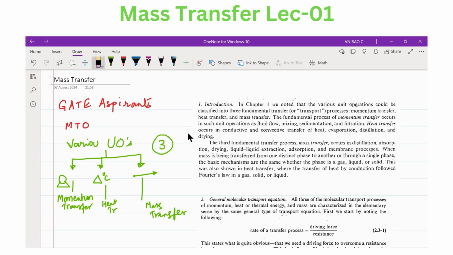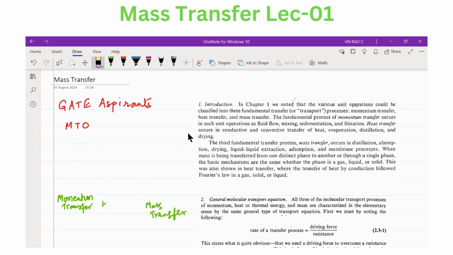I am not moving ahead from this particular page, but I am trying to stay in this particular area and make some notes and talk. Now see, momentum transfer, first one is momentum transfer.